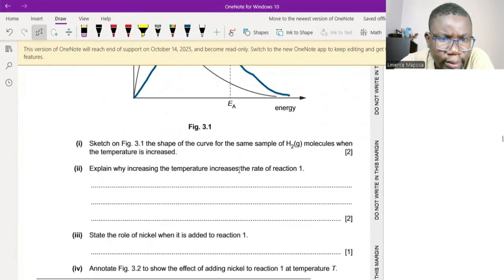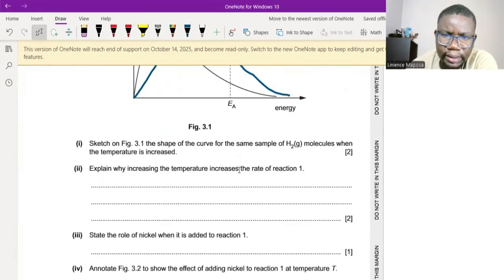It then says, explain why increasing the temperature increases the rate of reaction. Obviously, we know what causes the increase.